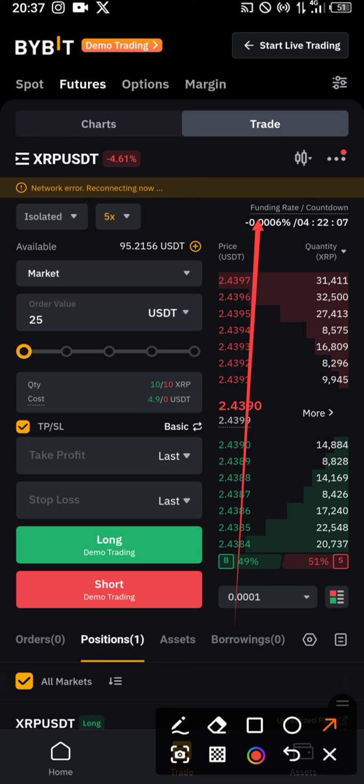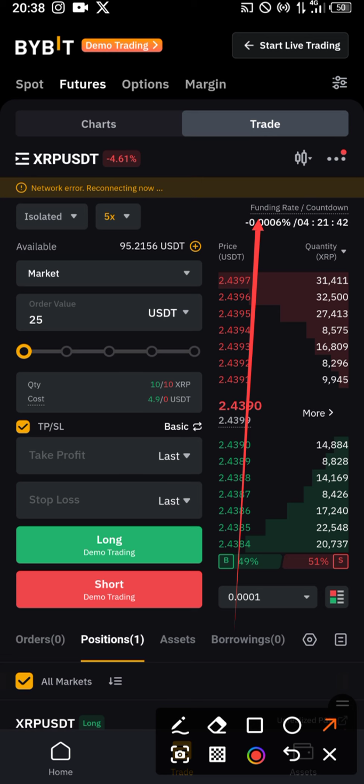For instance now, funding rate is positive 0.01% every 8 hours. You hold a long position. Your order value is worth $25. So after 8 hours, you pay 25 multiplied by 0.01%.